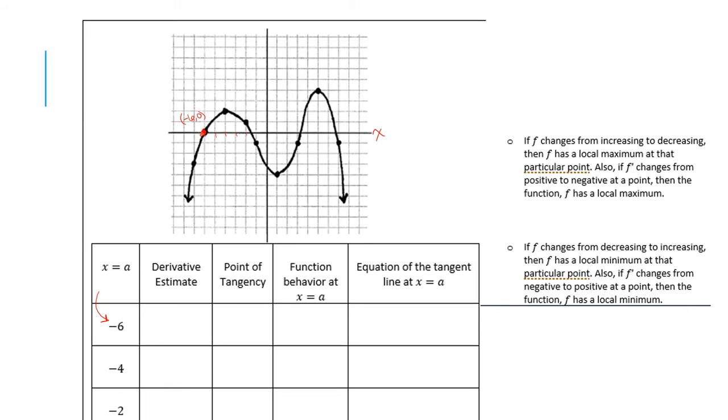So remember that a tangent line can only intersect your graph at exactly one point. So here is a rough estimate of what my tangent line looks like.